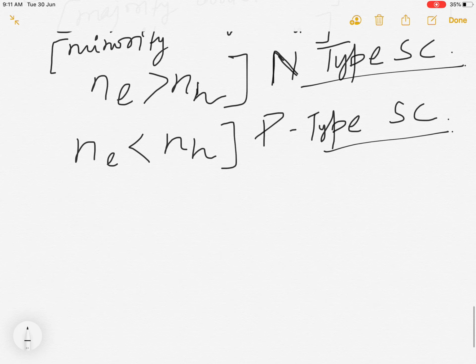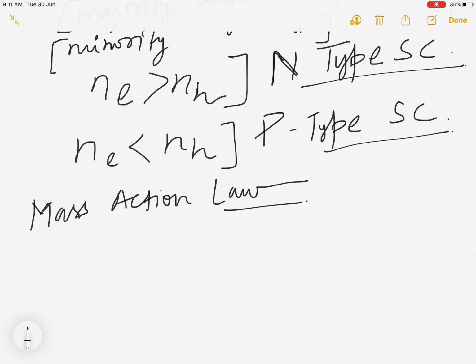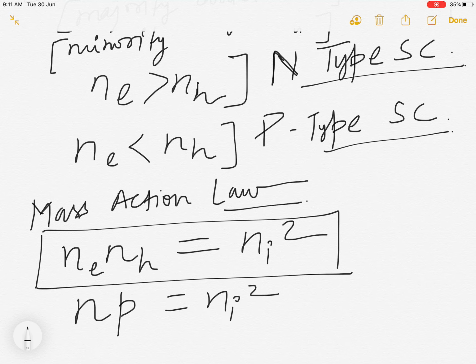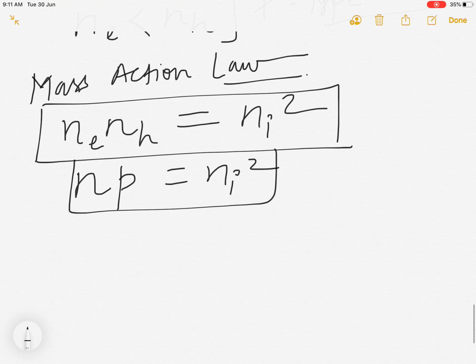So for concentration, according to mass action law, right? Number of electrons into number of holes will be equal to ni square. In general, we can write it as np equals ni square, right?